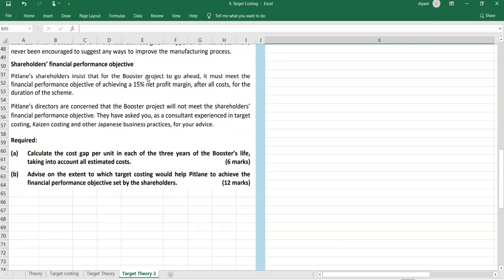So shareholders have said that this project should go ahead, and they want 15% on the net profit after all costs for the duration of the scheme. Okay, they want 15% of net profit.